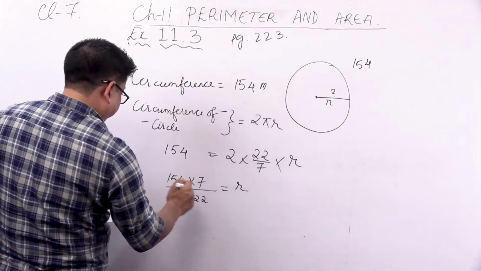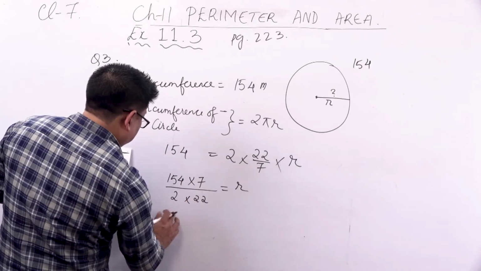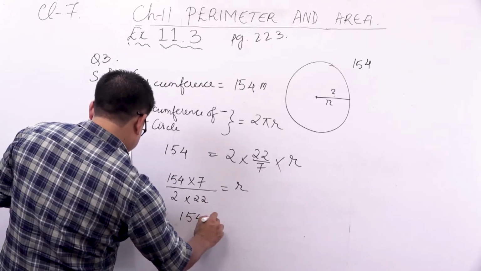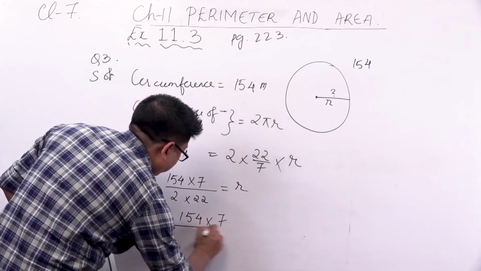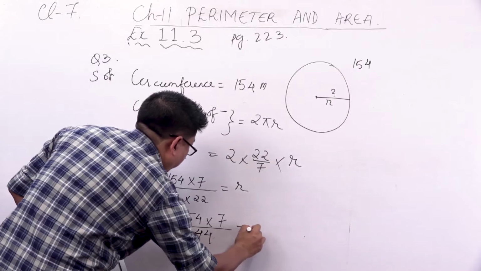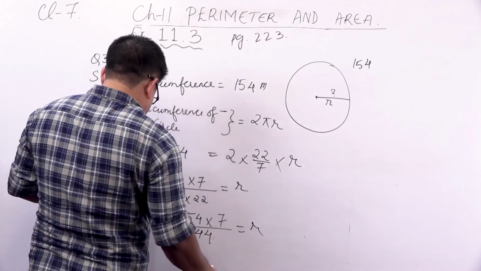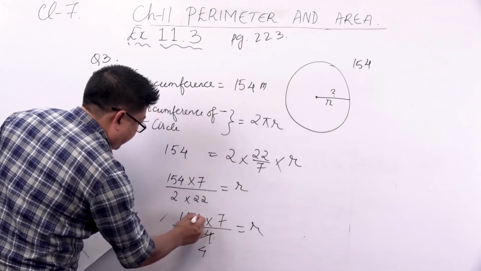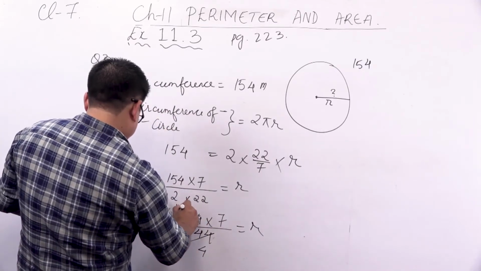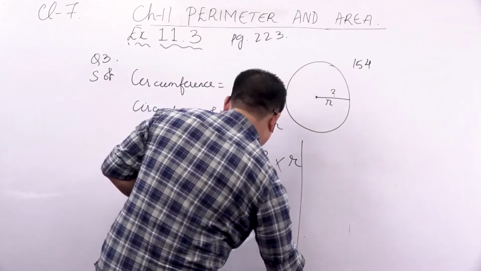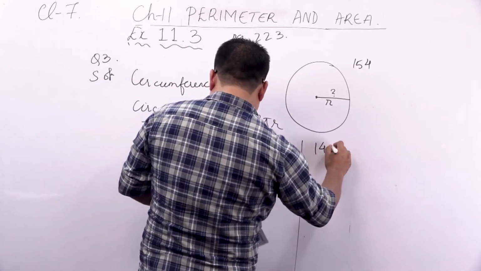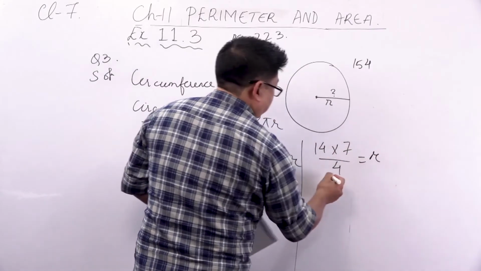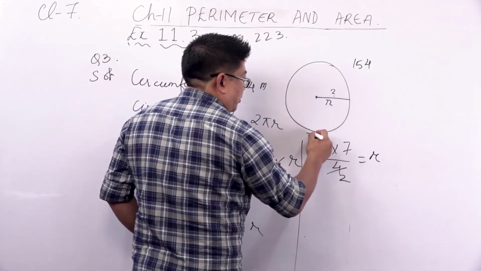All right. Therefore, 154 into 7 by 44. So 11 into 4 is 44. 11 into 14 is 154. So I have 14 into 7 by 4 is equal to R. 2 into 2, 2 into 7.